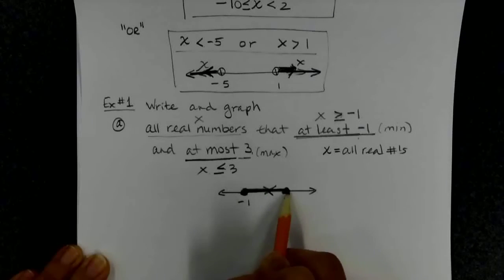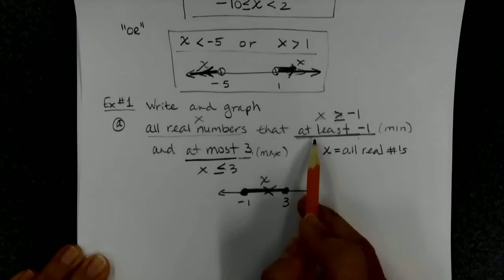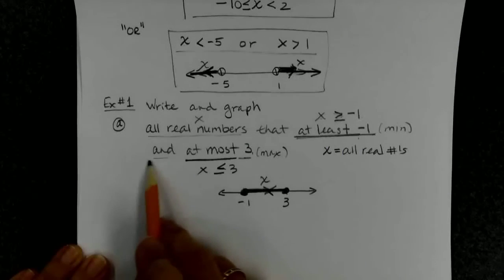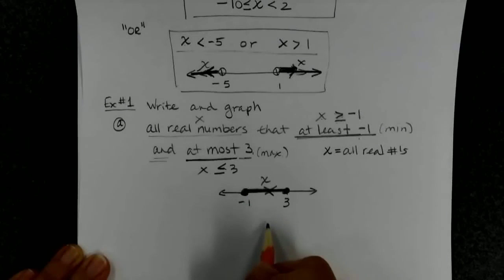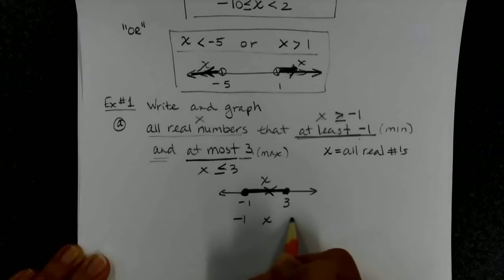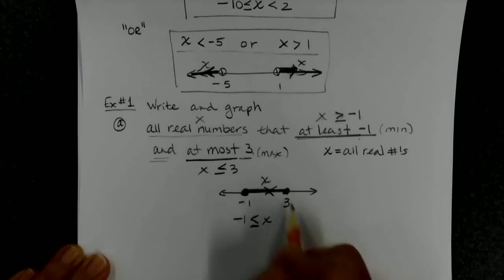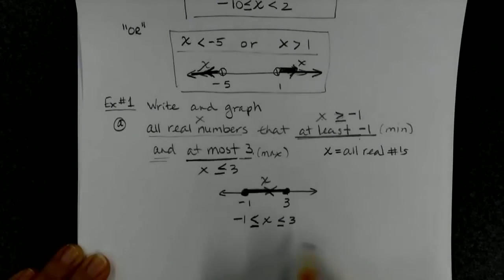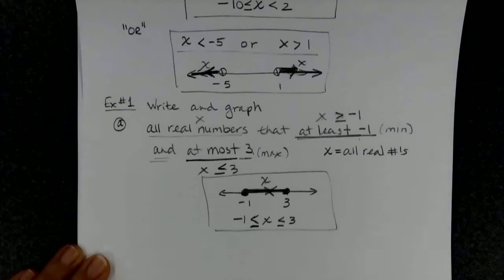This region right here represents all real numbers that are at least negative 1 and at most 3. To write this as a compound inequality, we put the x in the middle, negative 1 here and 3 here. Negative 1 is less than or equal to x, and x is less than or equal to 3. So this answer represents the situation.